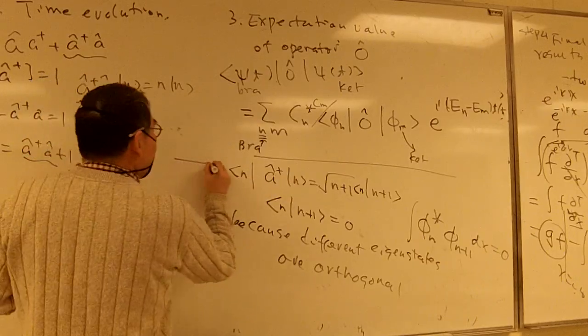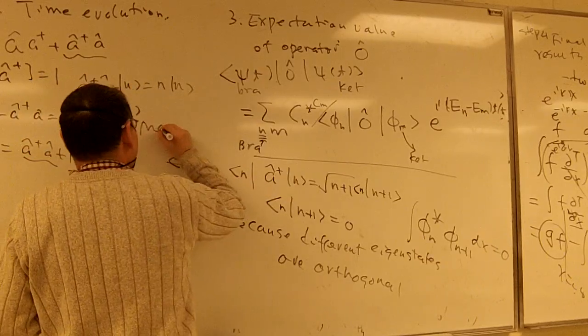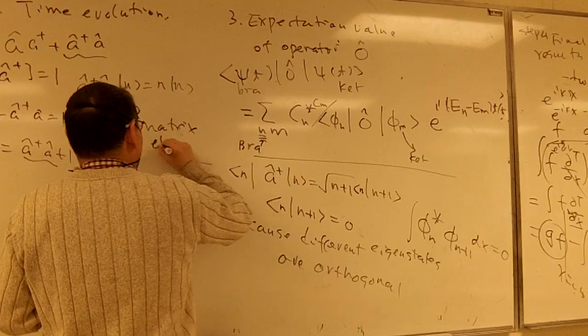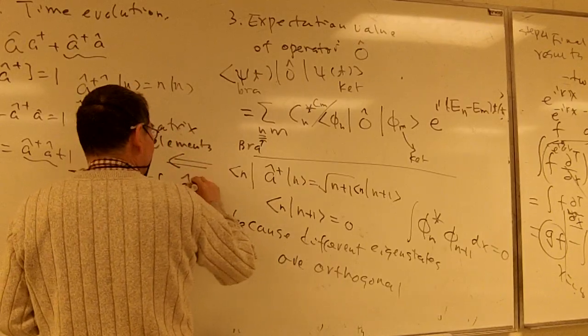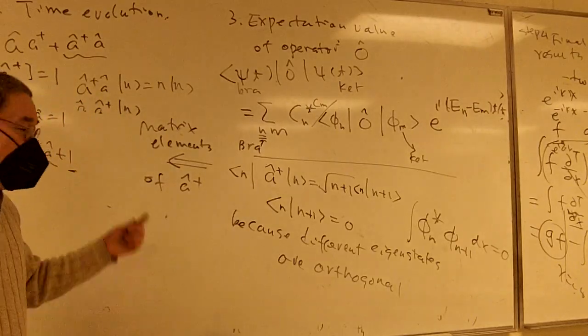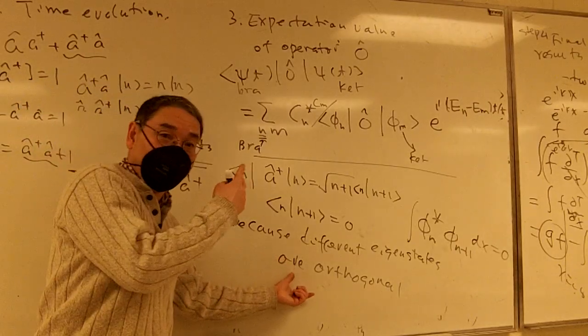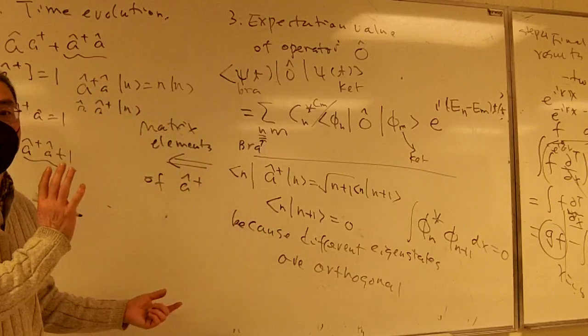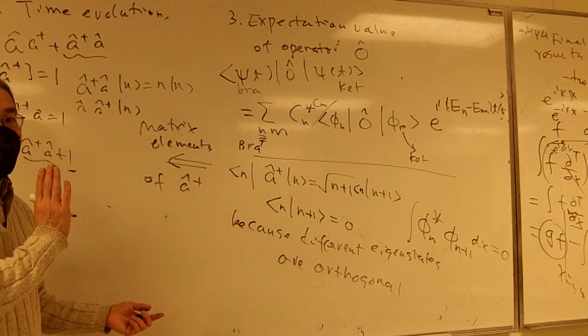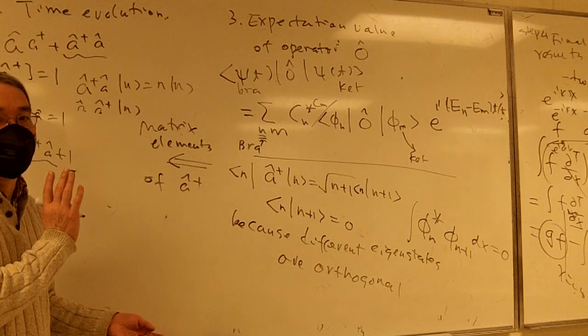So these are the matrix elements of the operator, while this is the wave functions themselves. So they are different. I'm not sure whether I explained this to you clearly.